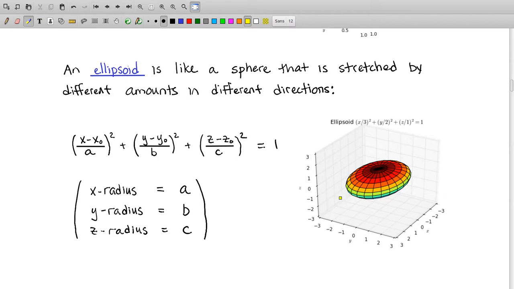Its longest distance is to plus or minus 3 in the x direction because of that 3 in the denominator. It goes to plus or minus 2 in the y direction because of that 2, and it only covers plus or minus 1 in the z direction because of that 1. And so you get this thing called an ellipsoid. It looks like a squashed sphere or like a skipping stone.